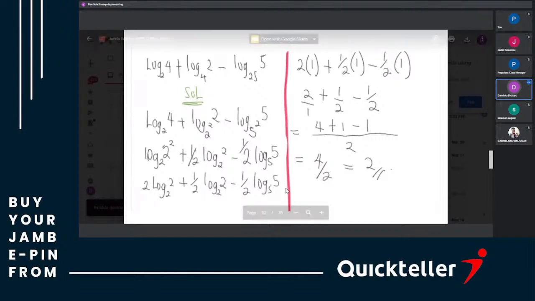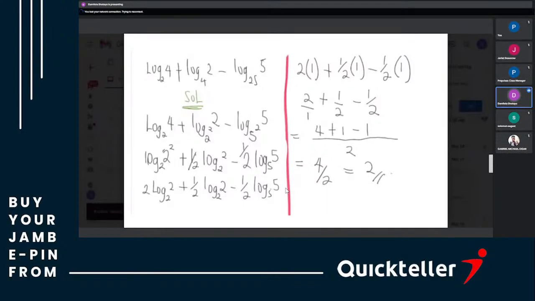I'm trying to make 4 into a power of 2, and to make 4, I do 2 raised to the power 2. And that will give me log 2 raised to the power 2 plus log 2. Make the one below into power form. Log 25 is log 5 raised to the power 2.